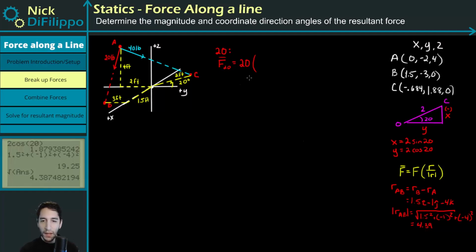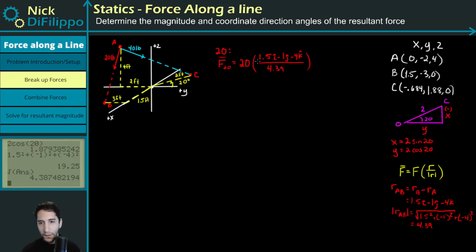So now I know my position vector. It's going to be 1.5i minus 1j minus 4k divided by 4.39. Now I can calculate and simplify this a little bit.